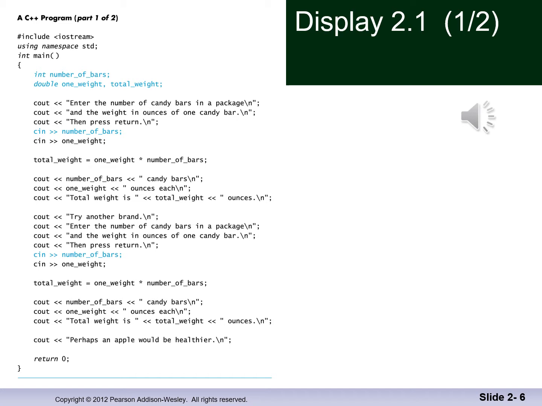The cin statement allows the user to enter a value that gets assigned to the number_of_bars variable and held within the program so that number_of_bars can be used for further calculation. Very important concept. In the next slide, we'll take a look at the dialogue of this program when it runs.